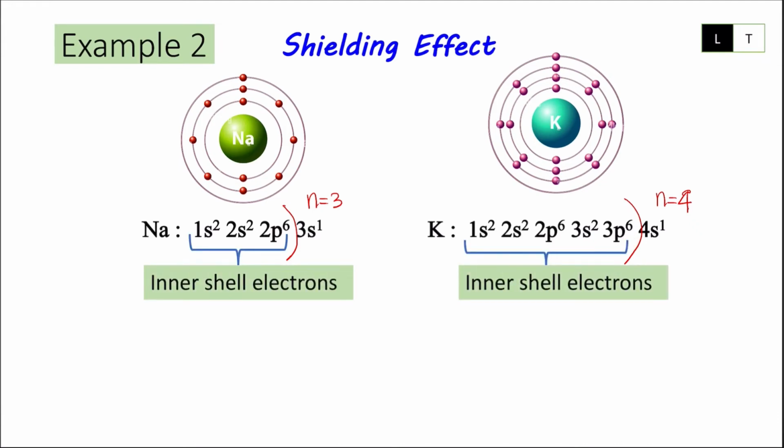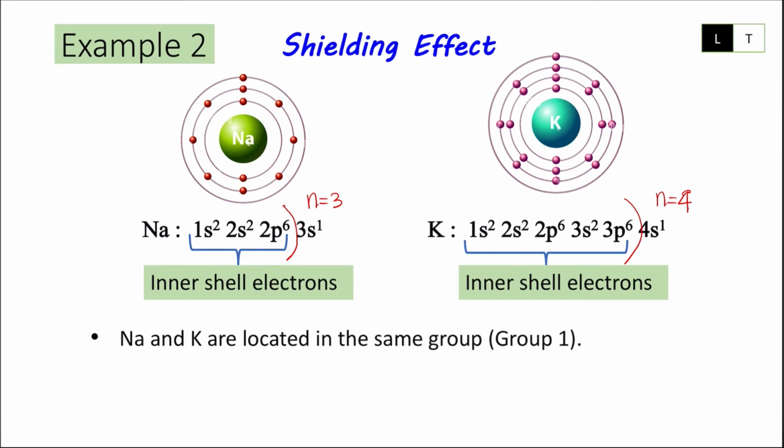Now, how do you describe the shielding effect based on sodium and potassium? First, you say that sodium and potassium are located in the same group. They have the same number of valence electrons, 1, so they are in group 1.